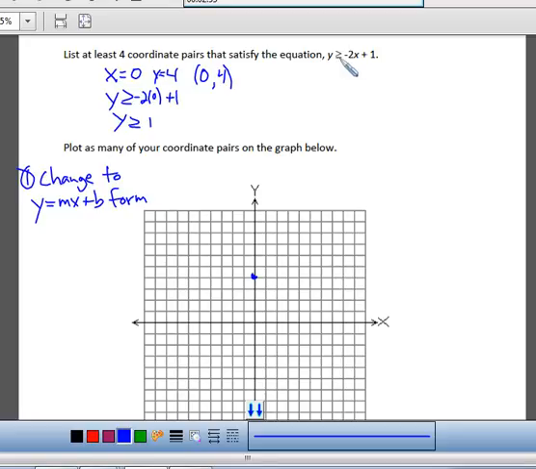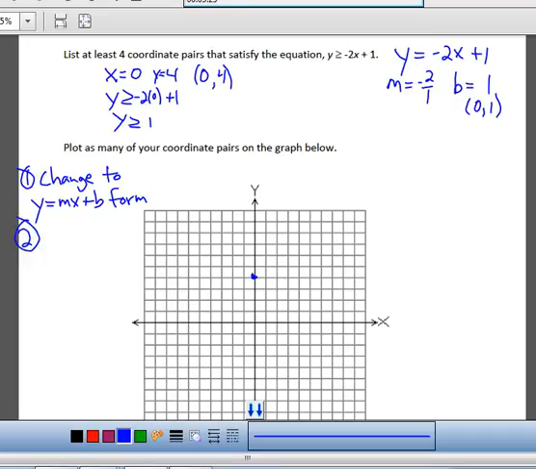So this y is greater than or equal to negative 2x plus 1, we're going to treat it like y equals negative 2x plus 1. And technically it does, because this is a greater than or equal to. Then we're going to use our slope, m, which is negative 2 over 1, and our y-intercept, which is 1, or the point (0, 1).